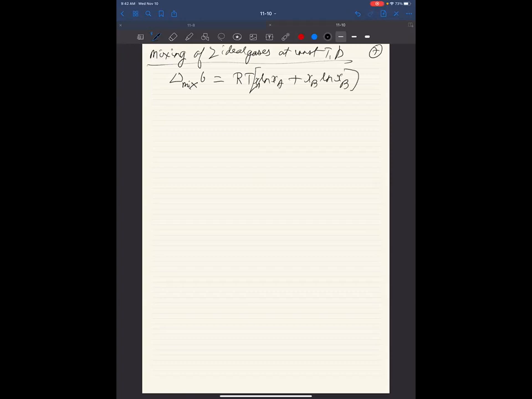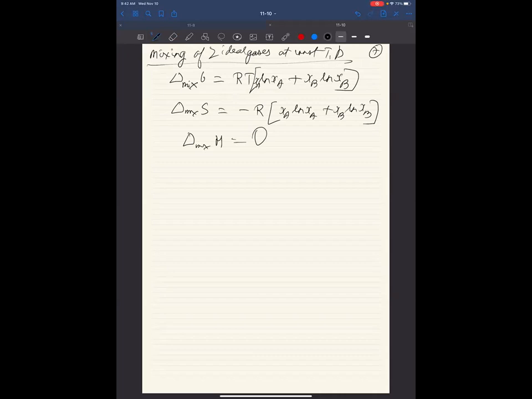And if you forget, does this one have a minus sign? You have to remember it's going to be spontaneous, so the whole thing should be negative. If I had a minus sign over here, the whole thing won't be negative, right? So it does not have a minus sign. We showed delta mixing S is equal to minus R times (XA ln XA plus XB ln XB). And from these two, it follows that delta mixing H is equal to 0.